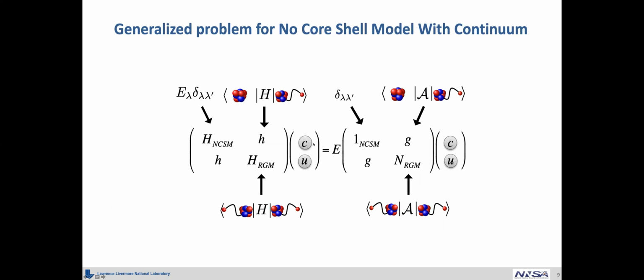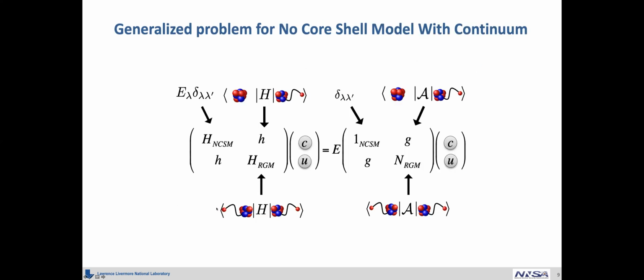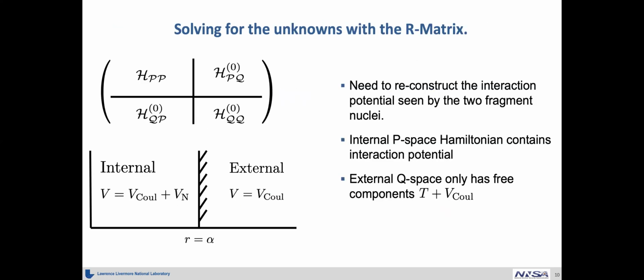The unknowns are the coefficients in the expansion, the discrete coefficients C, and the continuum amplitudes U that are here and here. And we need to solve for them. And we do that using the microscopic R matrix. Basically, you take the distance between your colliding nuclei. You say, okay, at some finite point, these two don't feel nuclear interaction anymore.